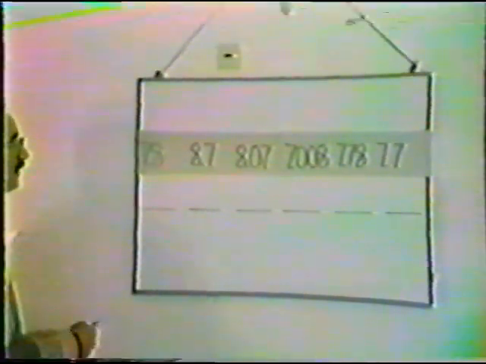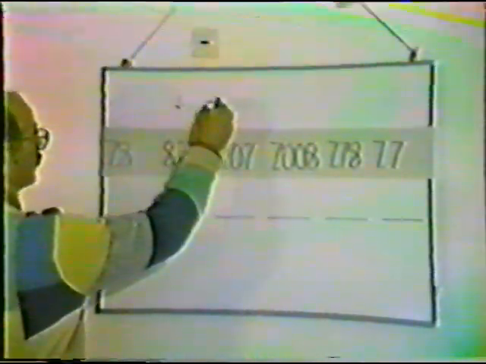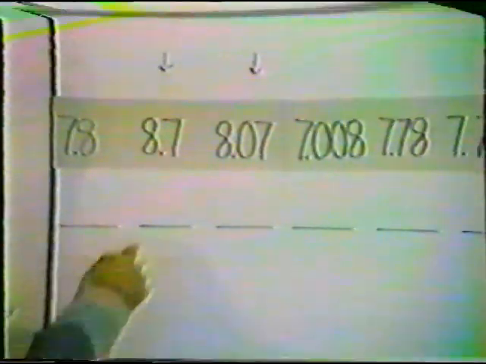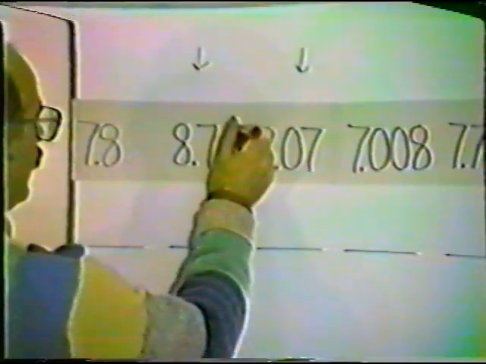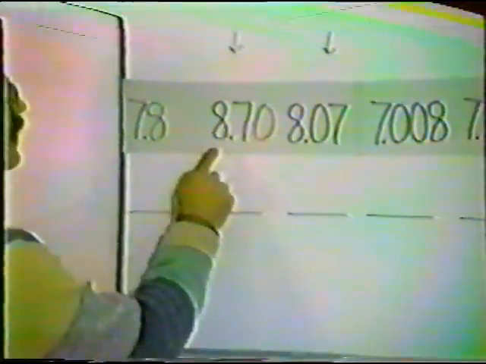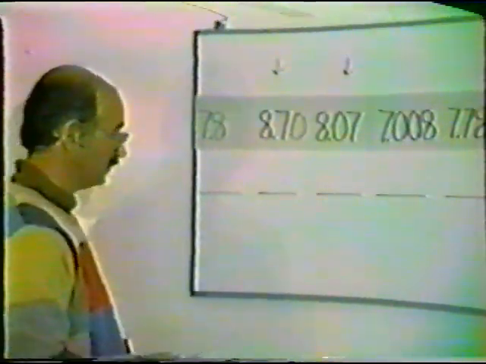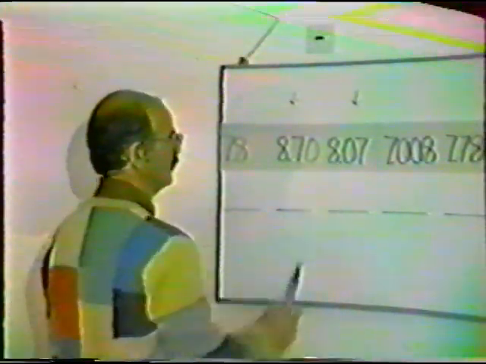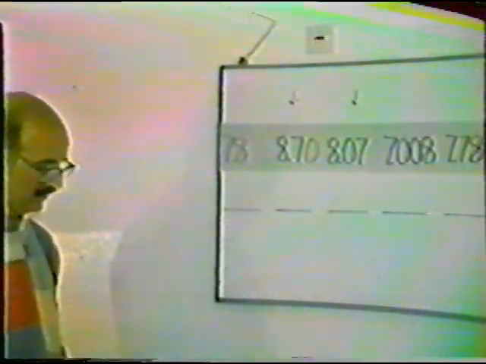Let's look at the two of those, this one and this one. In order to compare them, what should we put at the end of this one? A 0. Then they'll have the same number of decimal places filled in the part of the number that's to the right of the decimal point. Read this one. 8 and 70 hundredths. And read this one. 8 and 7 hundredths.